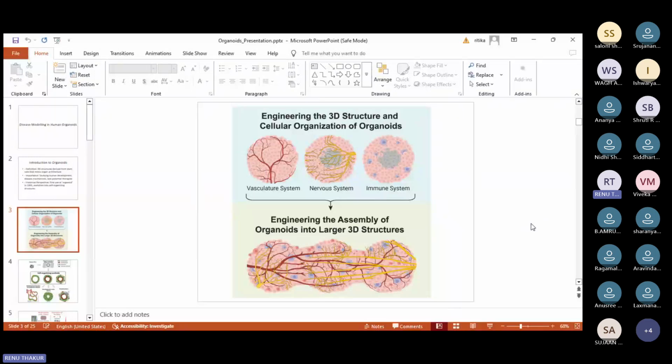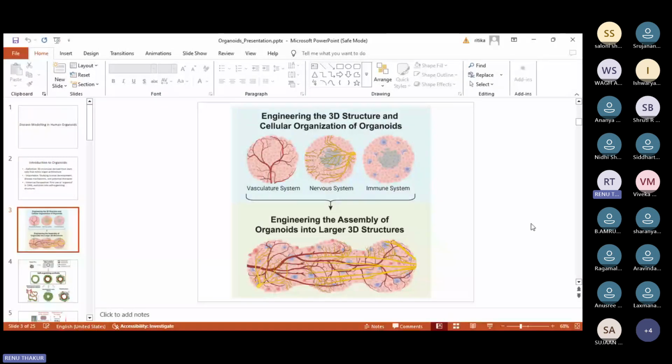Exactly. So like this, organoids also self-organize, and self-organization in the context of organoids refers to the process by which cells, often derived from stem cells, interact locally to form higher order structures and patterns without external direction.